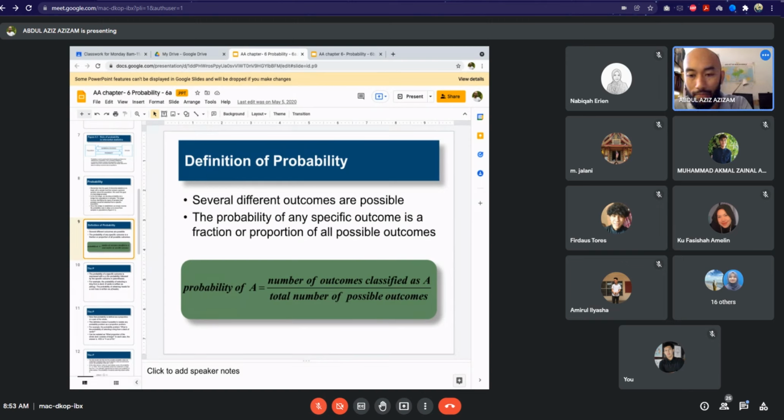Kalau you nak cabut by random lah. It is quite impossible. Mungkin you kena buat 54 kali, 54 kali tu you akan ada chance 1.8%.